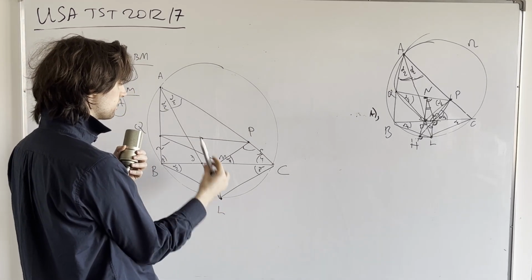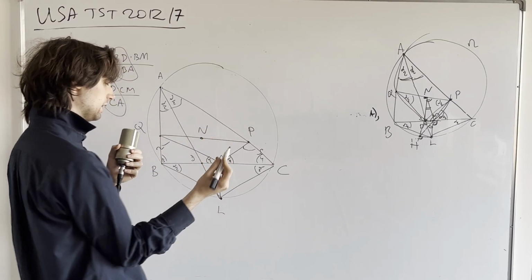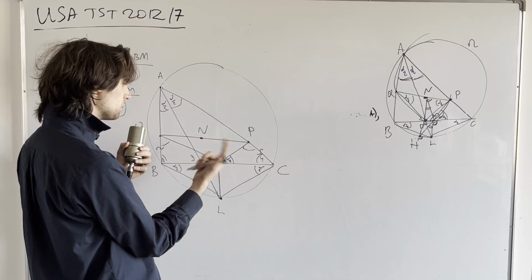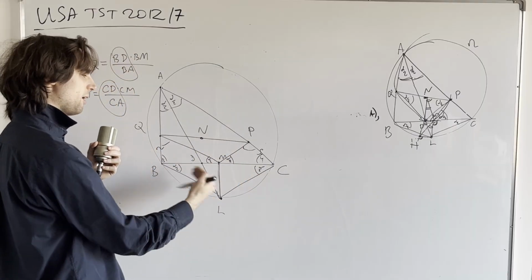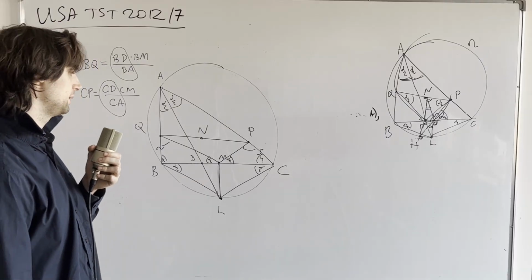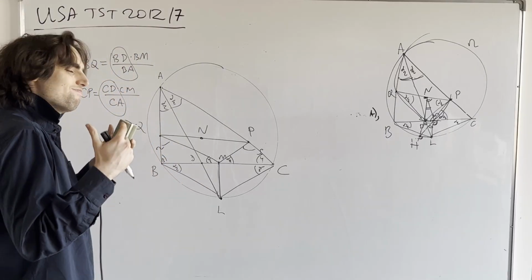I'm trying to prove that MN, like in this triangle, we have these parallel things. It seems like, but we don't have QP parallel to BC. So it seems like maybe there could be something there, but not really.